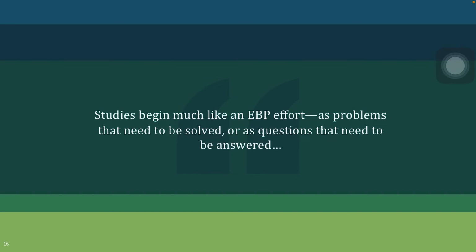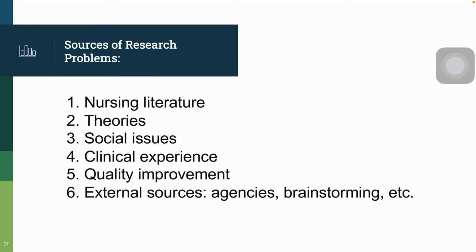Now, studies begin much like your evidence-based practice efforts, as problems that need to be solved or as questions that need to be answered. Here are some of your sources for research problems. A number of sources from which researchable problems can arise are available. You can have your personal experience, whether as a healthcare professional or as a consumer of healthcare. That is a rich source.